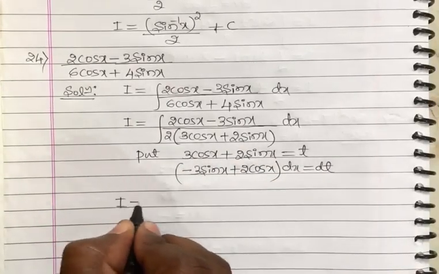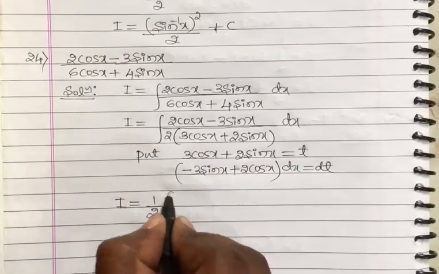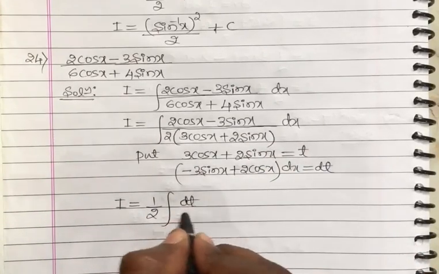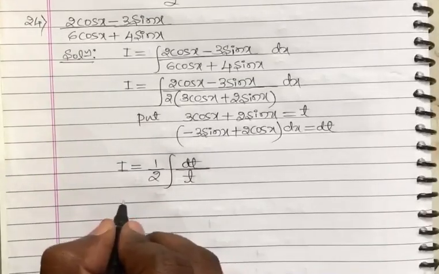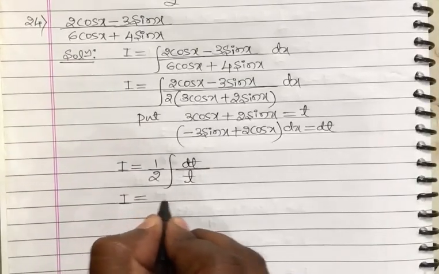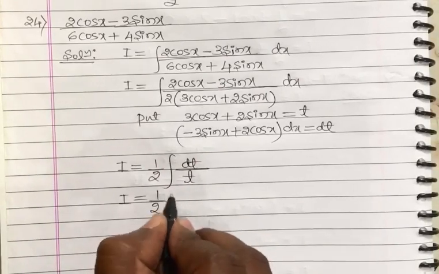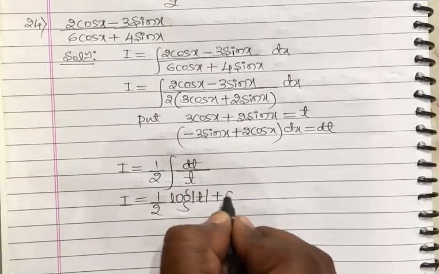I is equal to, so I write this 1 by 2 outside the integral. The numerator can be replaced by dt, then divided by t. So now I is equal to 1 by 2, then integration of dt by t will be log mod t plus c.